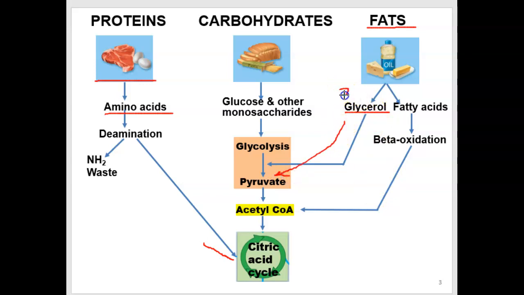It's got 3 carbons. And fatty acids are really long chains of carbon. They have to be cut up, and these pieces are converted to acetyl-CoA. So I would say that triglyceride fatty acids really enter the Krebs cycle, bypassing glycolysis for the most part.